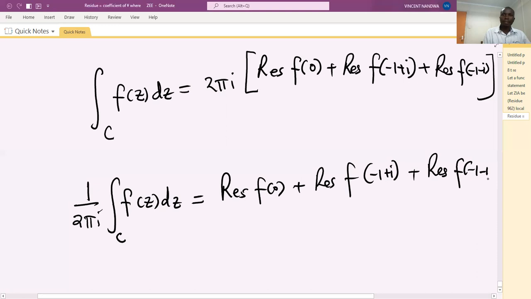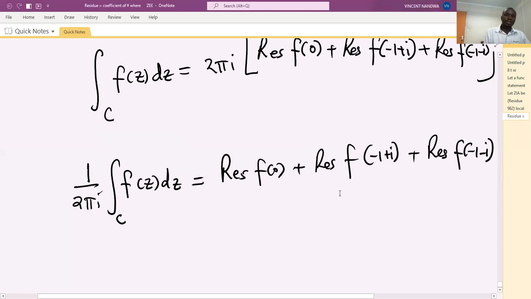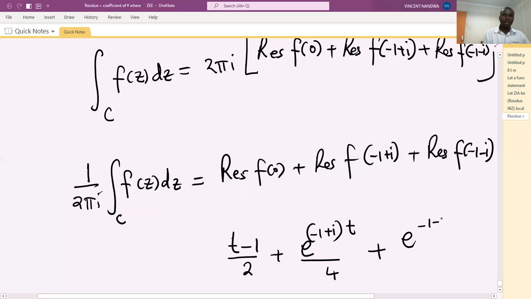This one was (t minus 1) over 2, plus e raised to the power (-1 plus i) times t over 4, plus e raised to the power (-1 minus i) times t divided by 4.